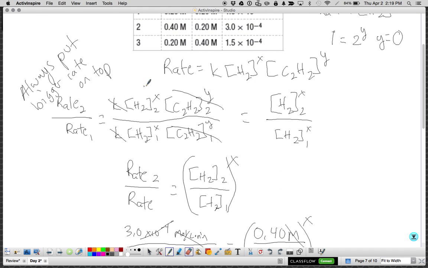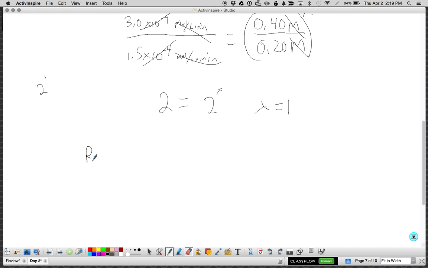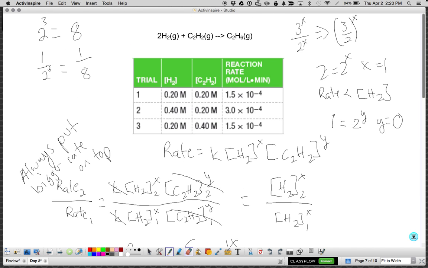All right, now let's go back and figure out y. I'd set this up the same way, except this time I'd take rate 3 divided by rate 1 equals. So this time I know that the k's are still going to cancel out. I'm going to set this up very similar.